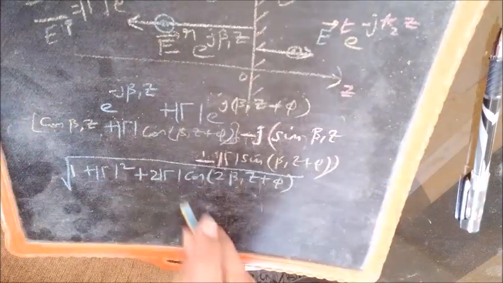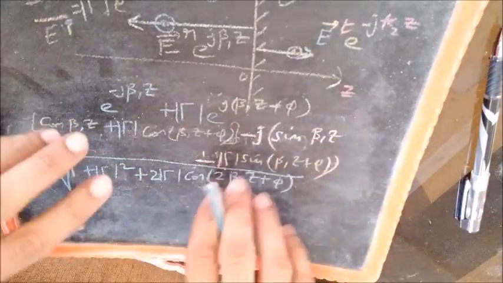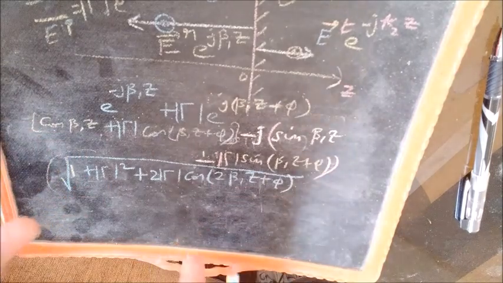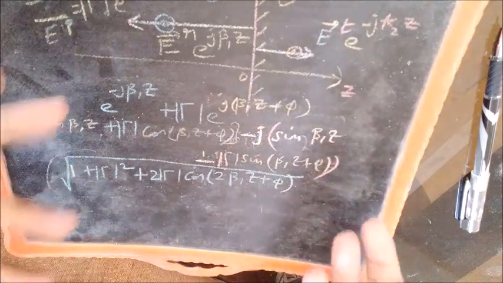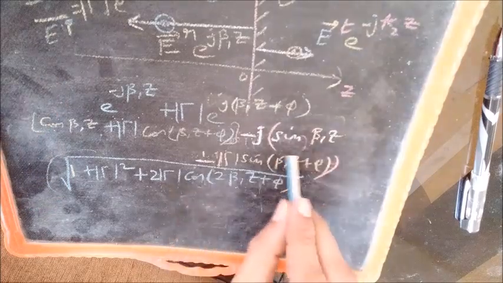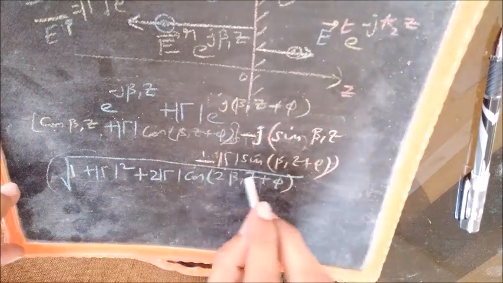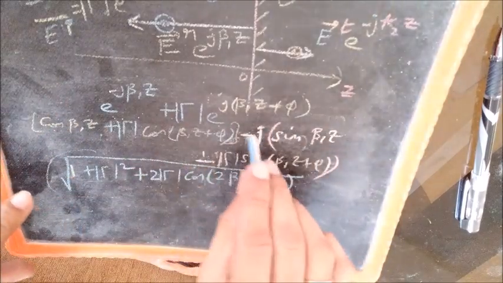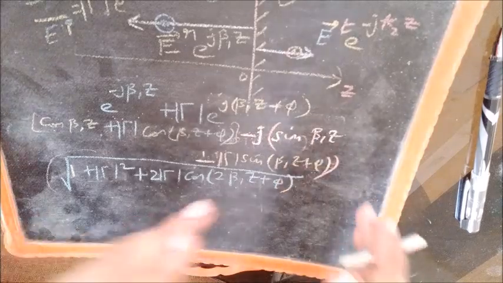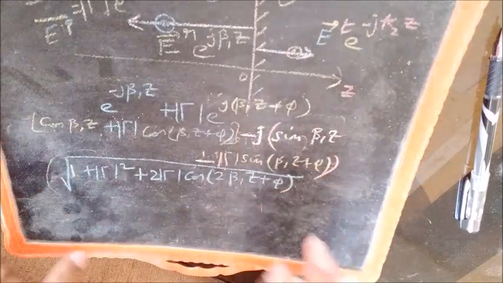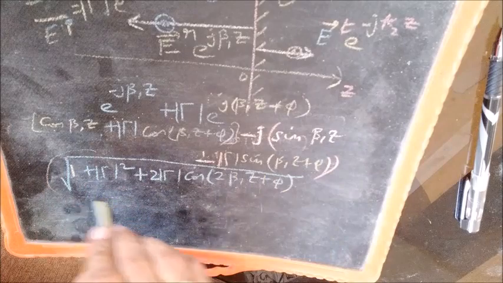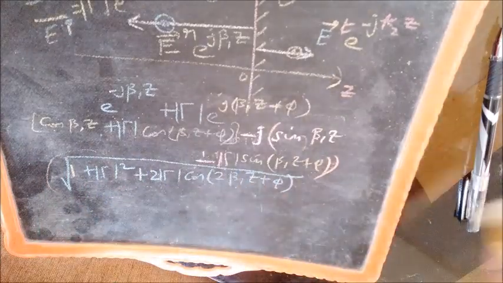So we will concentrate only on this. This will play the role of the amplitude of the wave. e raised to j omega t is the time variation, and the remaining part in terms of e raised to minus j tan inverse, all those things will add up to the phase of it. So we concentrate only on the magnitude.